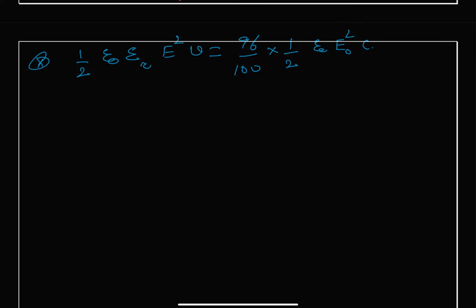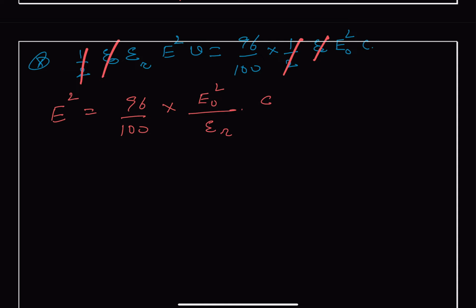Half and half goes away. So from here we can write that E square, which we are required to find out, will be equal to 96 upon 100 multiplied by E naught square divided by epsilon r and C divided by V.